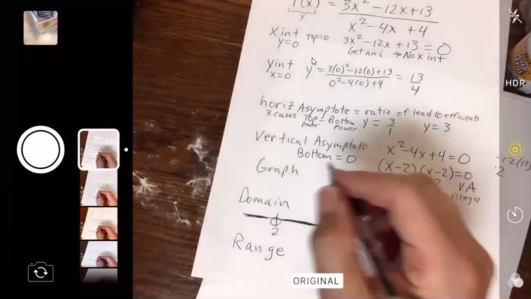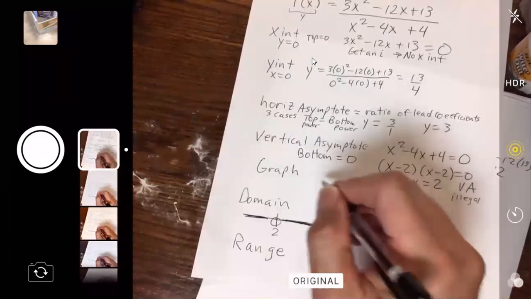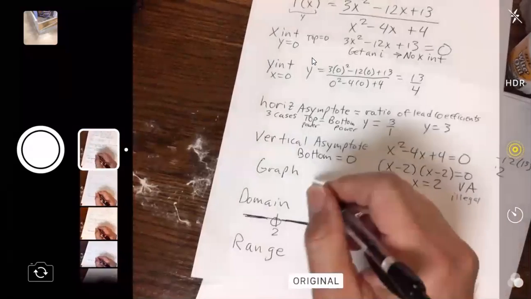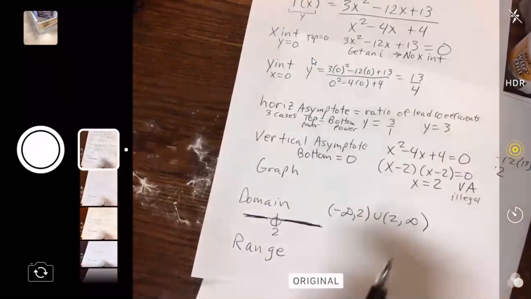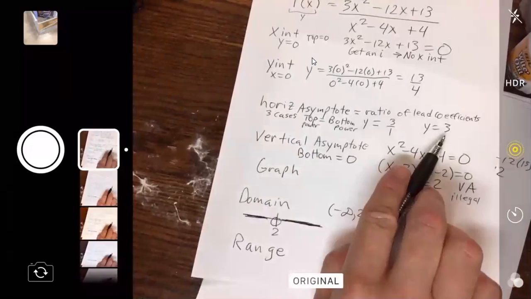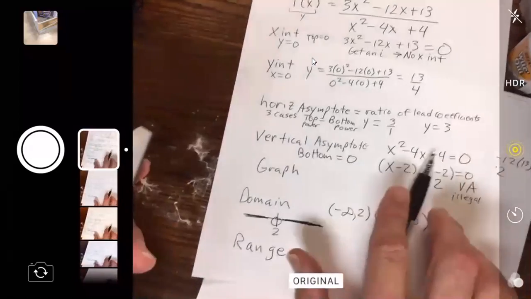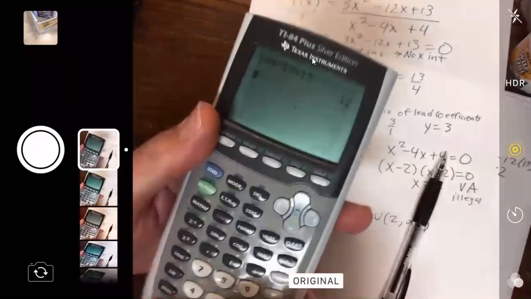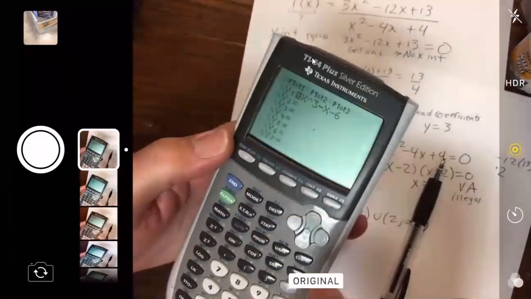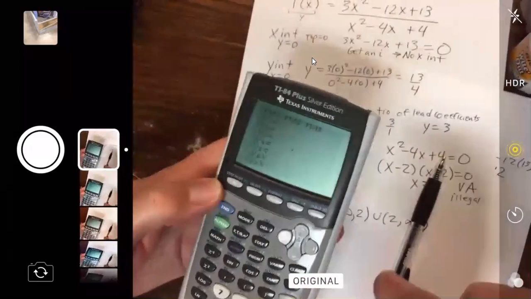Okay, we'll use the calculator to get the graph. I'll sketch hopefully a tiny graph of it, and we use that to get the range. y equals 3 on the range is going to get excluded, but there may be something else. It's really dangerous to do the range without a graph. It's a bit of a pain to punch in.